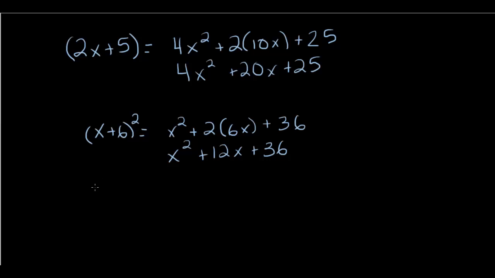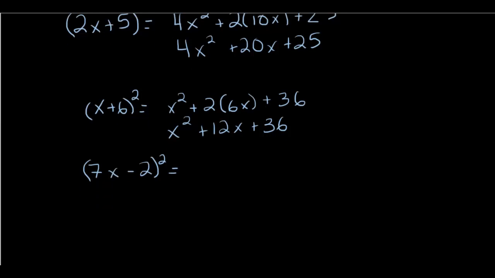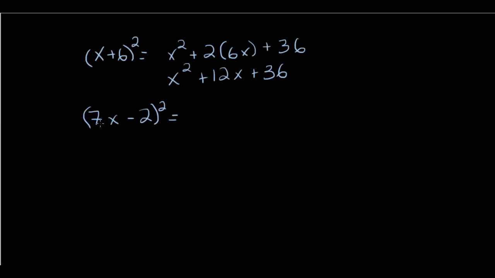Okay, let's try now one with a negative. Let's say that we have 7x minus 2 squared. I'm going to go through the steps. So again, first step, square the first term. 7x times 7x is 49x squared plus twice the product of the two terms. 7x times negative 2 is negative 14x, plus the product of the second term.